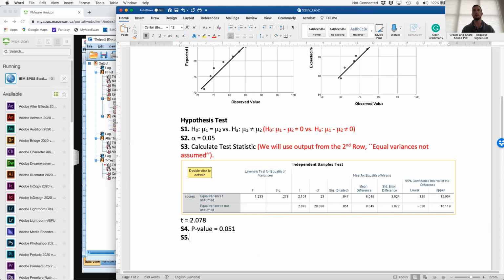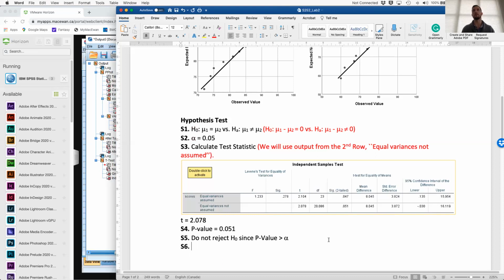Okay, so now on step 5, we can conclude, so we do not reject H0 in this case, because our p-value is larger than alpha. Since p-value is greater than alpha.